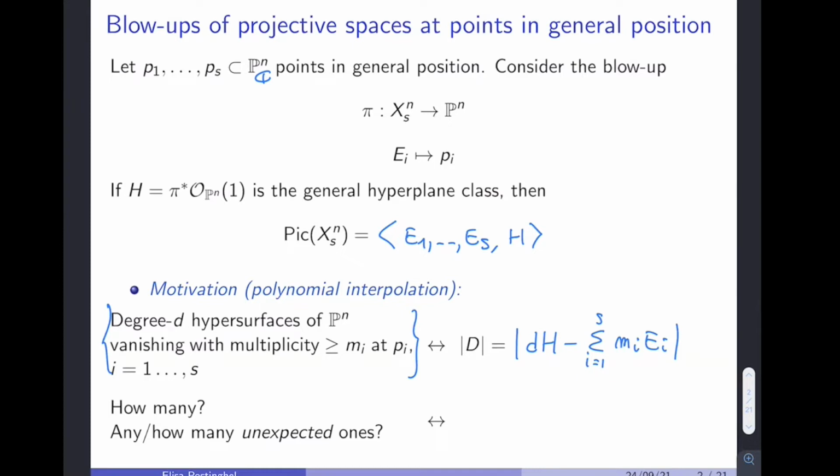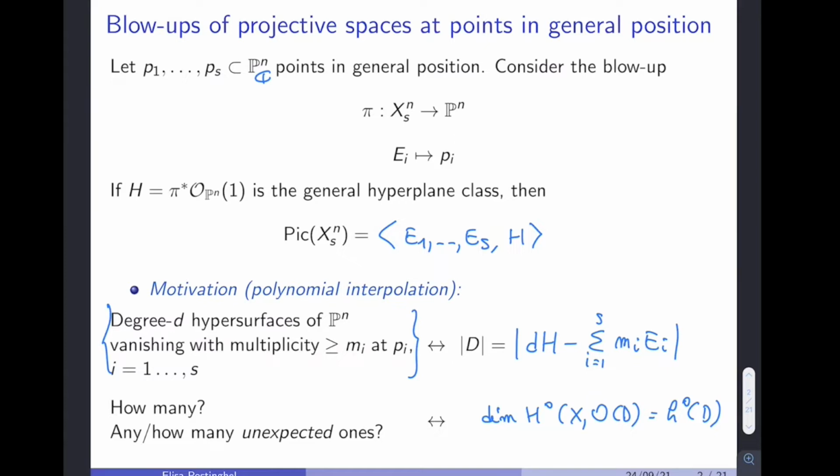The question, how many such hypersurfaces do I have, which is what we call the polynomial interpolation problem, is answered simply by the computation of the dimension of the space of global sections of the sheaf associated with this divisor D. I'm going to abbreviate it with H^0(D) in the next slides.